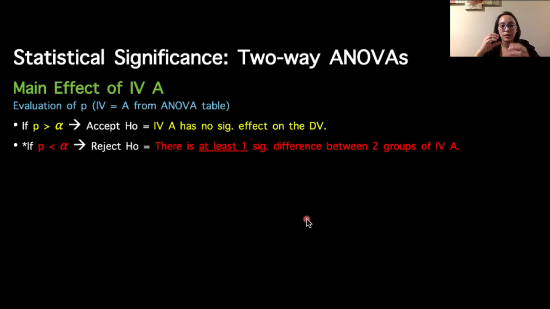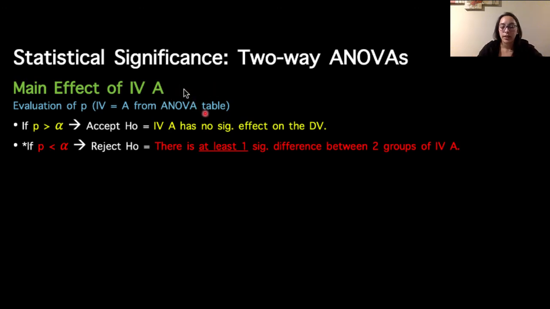Okay, so where you find them in the output is pretty straightforward if you know which factor is which. I've kept this the same as we've had in previous weeks, so it's fairly generic, not specifying if independent variable A is our between or within factor.